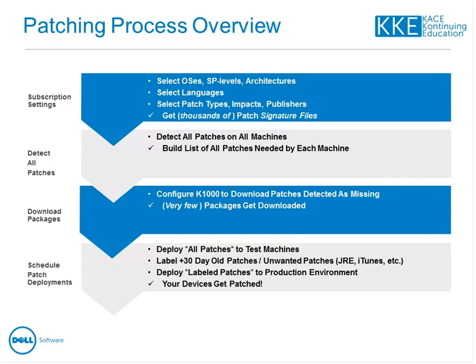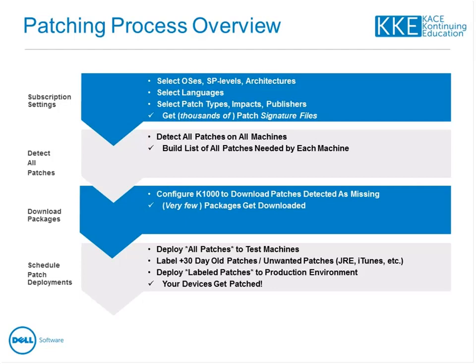We select the operating systems and whatnot, select the languages and the different patch types and so forth that we want, and then based on that, the K1000 downloads through Lumension all of the patches that are compatible with those settings. So we select Windows 7 and Windows 8 and so forth, then we're going to get the patches that are compatible with Windows 7 and Windows 8, and the operating system patches, the application patches, etc., based on what we're subscribed to.